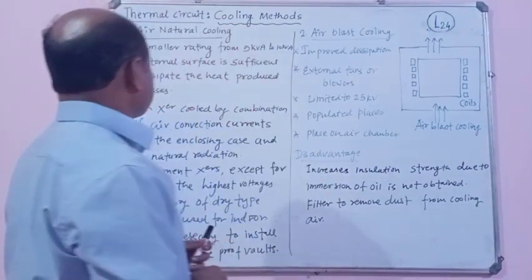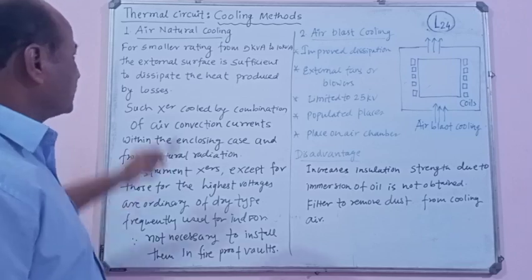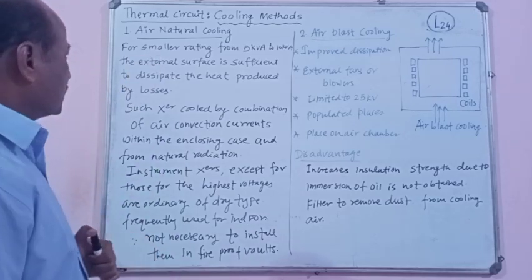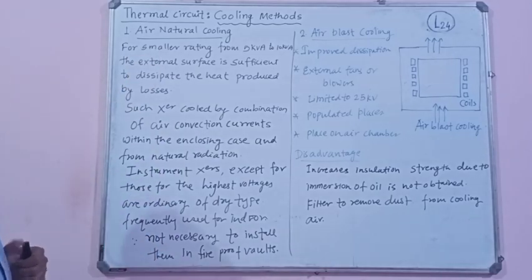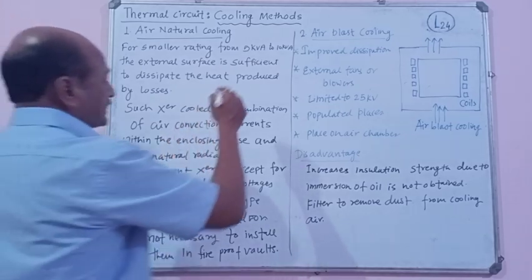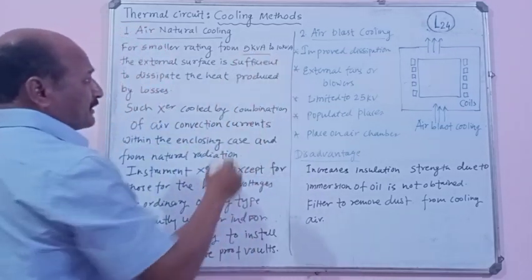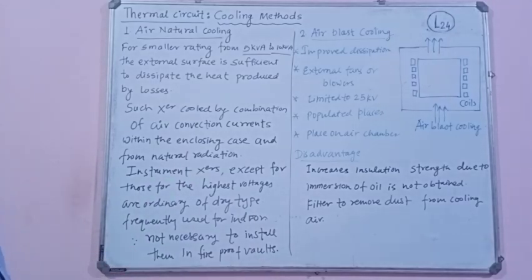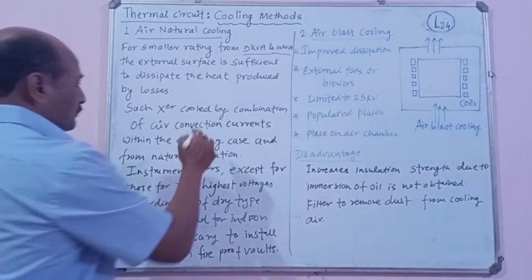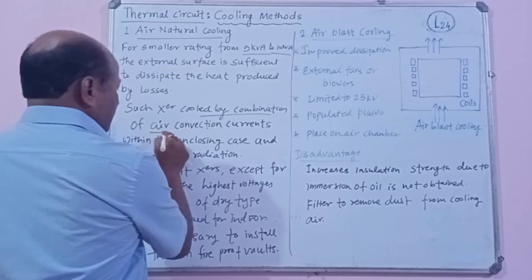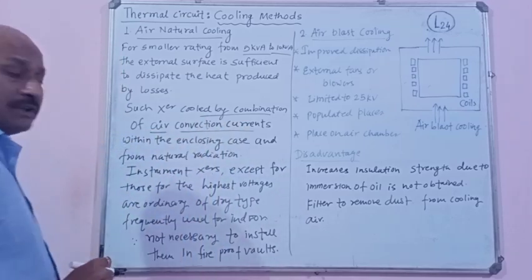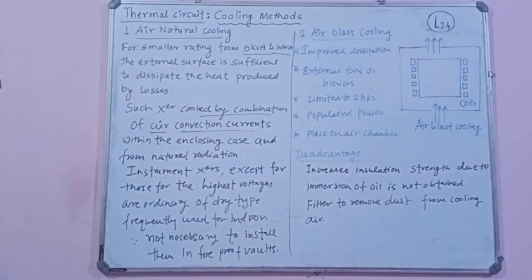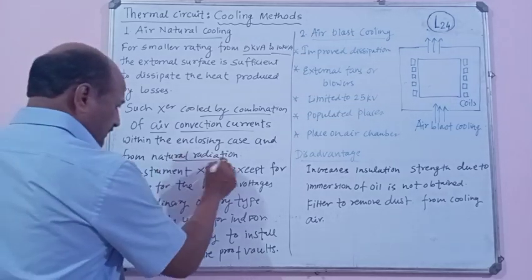The first cooling is the air natural cooling. This cooling is useful for small rating transformers of 5 kVA to 10 kVA, where the external surface is sufficient to dissipate the heat produced by the losses. Such transformers are cooled by a combination of air convection currents within the enclosing case and natural radiation.